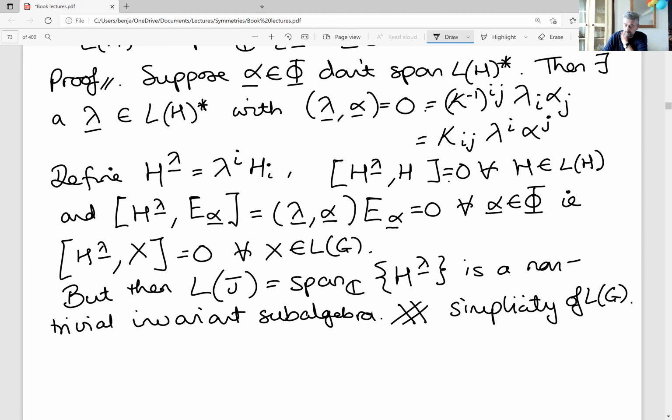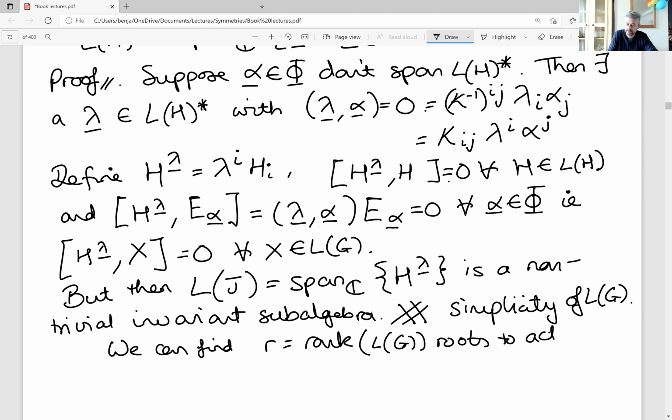Okay, so what about defining a basis for this dual space? Well, we can find R roots to act as a basis for the dual space.